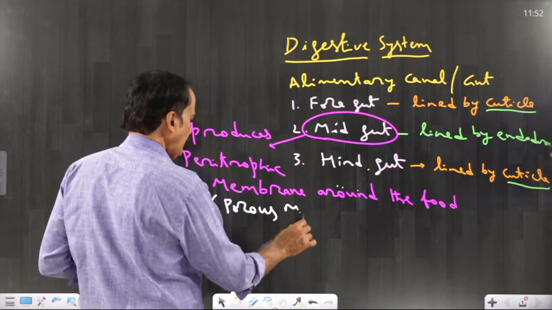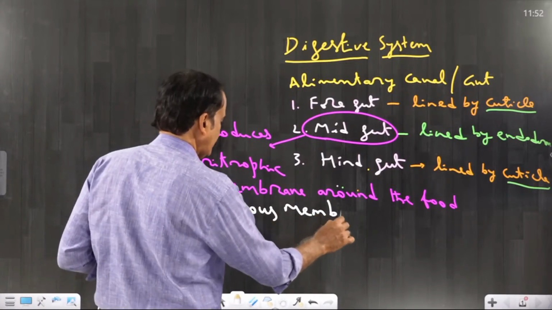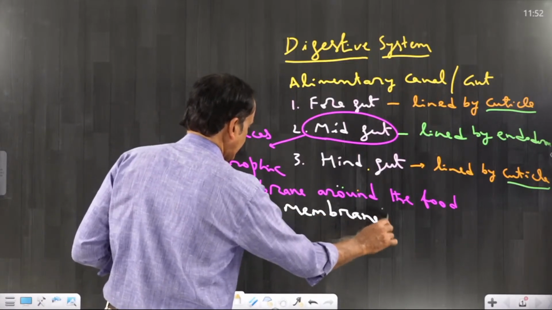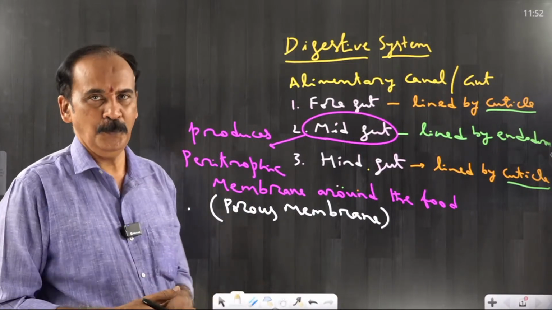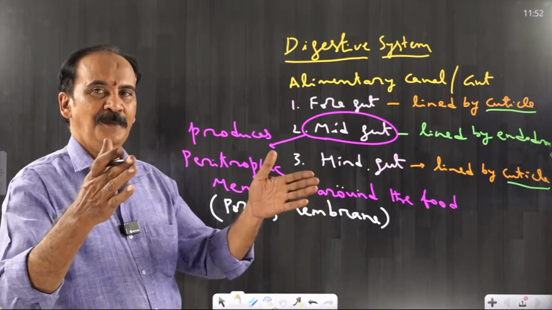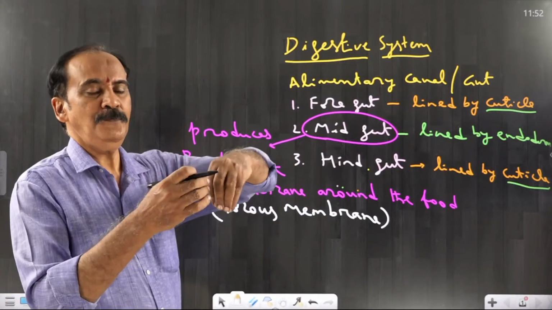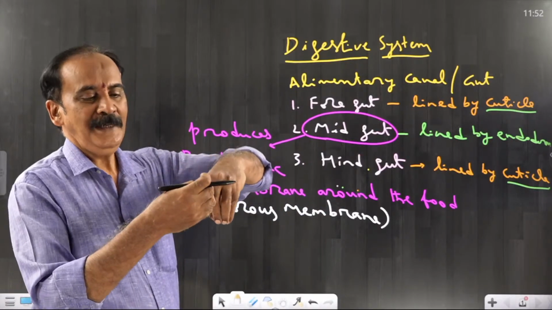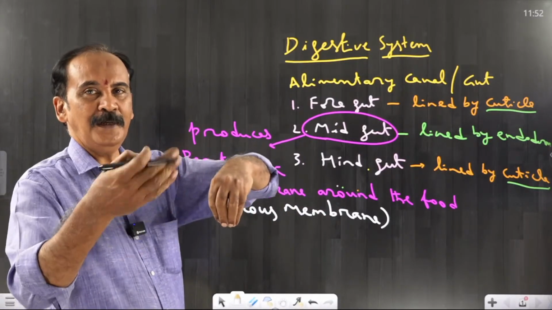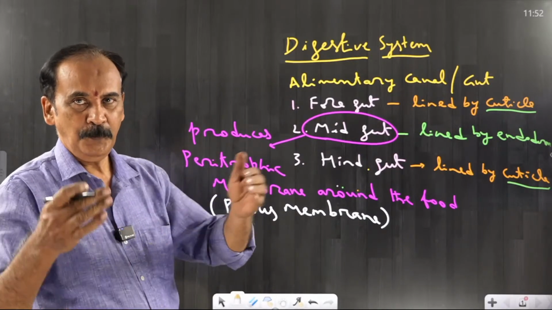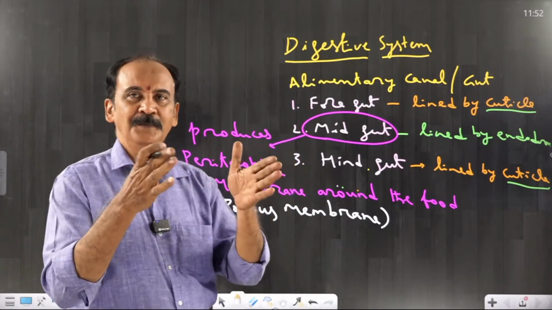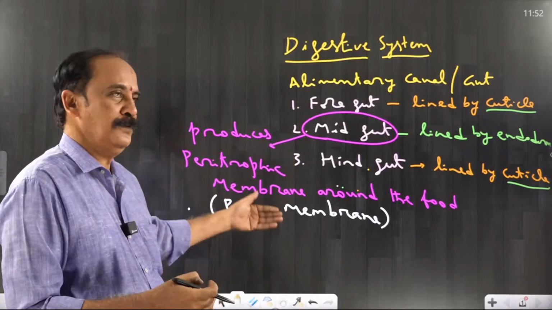What do you mean by porous membrane? Porous means it will have pores, so that enzymes can go inside and they can act on the food material, and digested food also can come out and it can be absorbed in the midgut. Through the pores digestive enzymes of the midgut will go and act on the food.